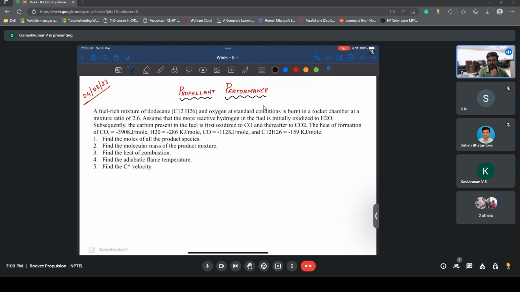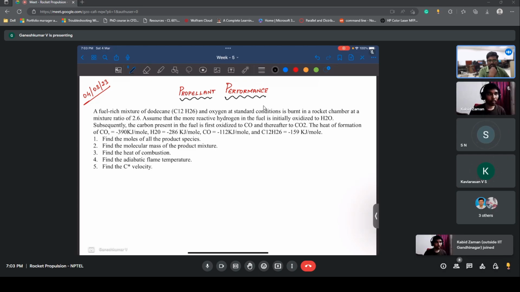A cryogenic rocket propellant comprising liquid oxygen as oxidizer and liquid hydrogen as fuel is used in a rocket. Mixture ratio is 6.4. Determine the following: moles of LH2 required per mole of LH2. Yes, I think there is a typo. It should be moles of LO2 required per mole of LH2.